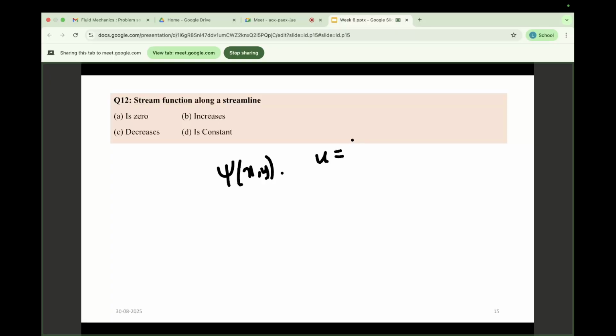But if the stream function is given, you need to differentiate it with respect to y to get u, and for v you have to take the negative derivative with respect to x, that is the inverse. For v you take the derivative in the x direction, for u the derivative in the y direction, right?